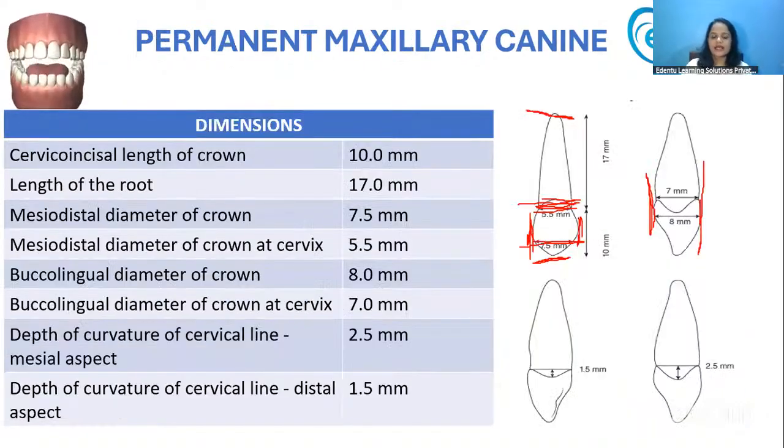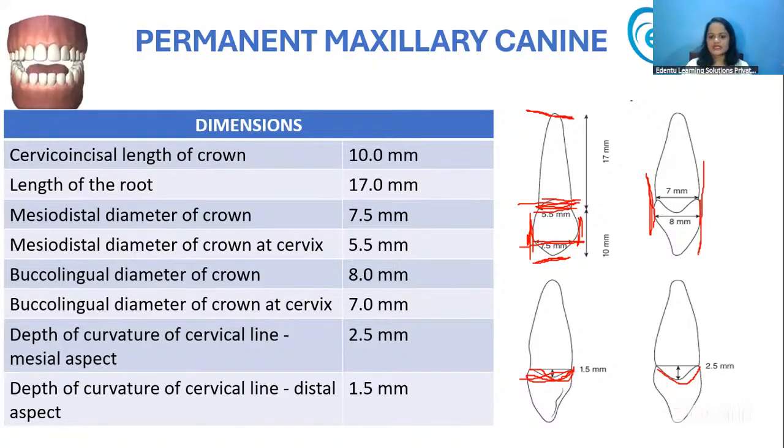The next is the depth of curvature. Depth of curvature means if you look at the tooth from the mesial aspect or the distal aspect, the cervical line will be forming a semicircular curvature like this. We measure this semicircular curvature by drawing a straight line above it.